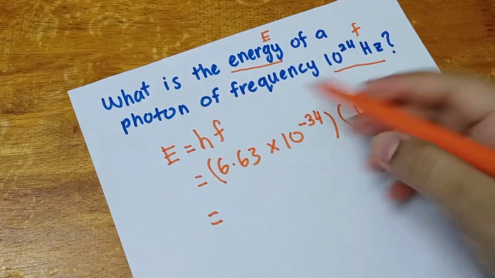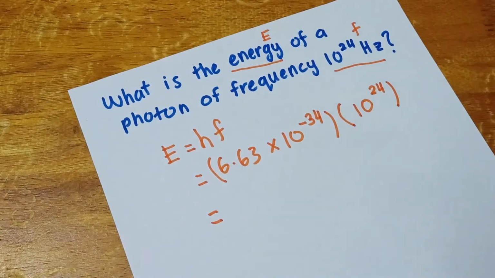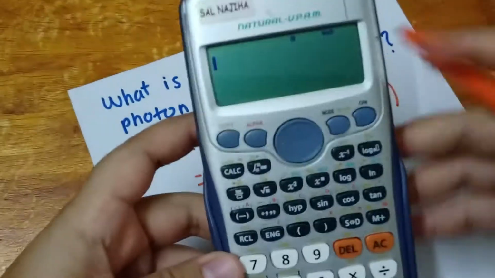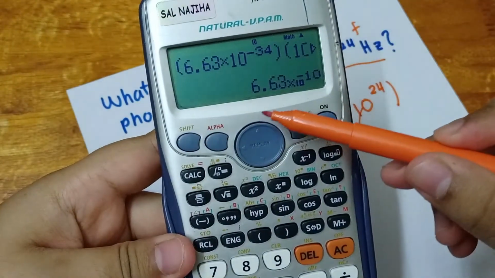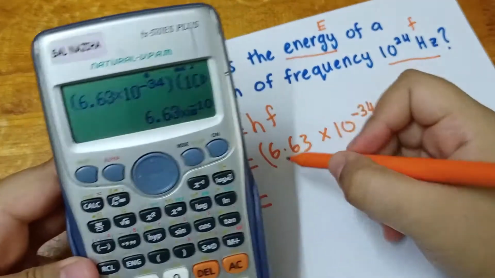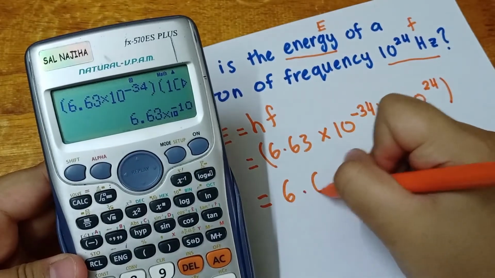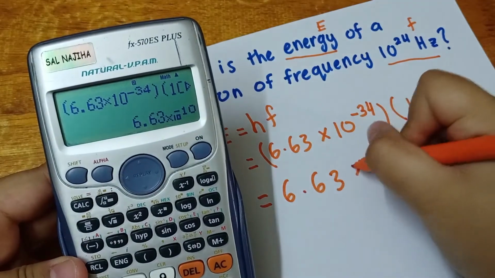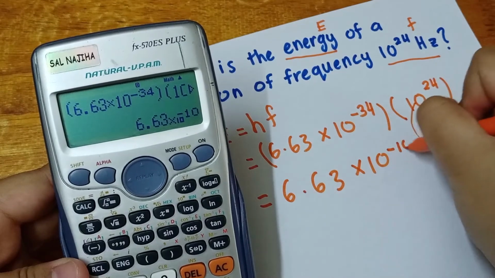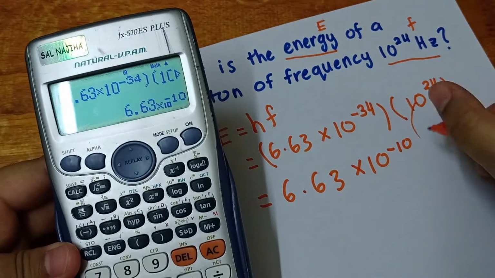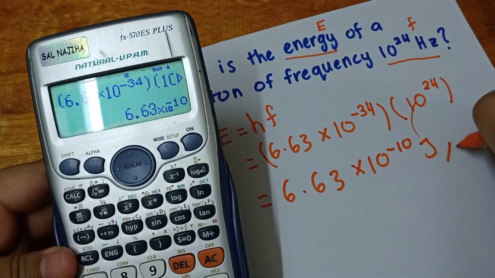This is a simple equation and we solve it using the calculator. As we can see, we get the energy is 6.63 exponent of negative 10. So this is the answer for question number 1.